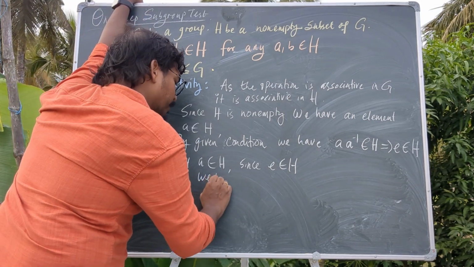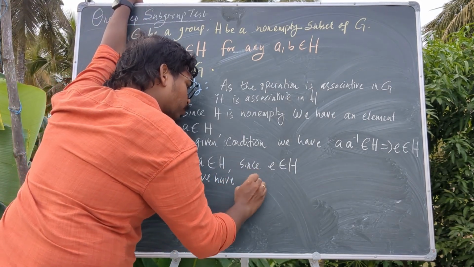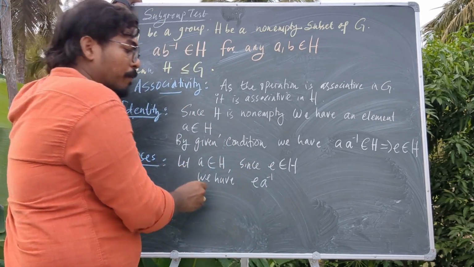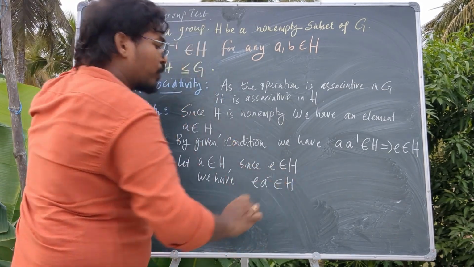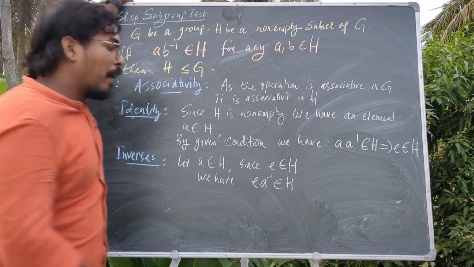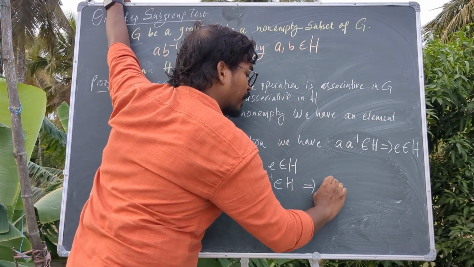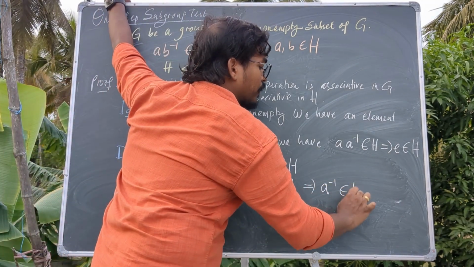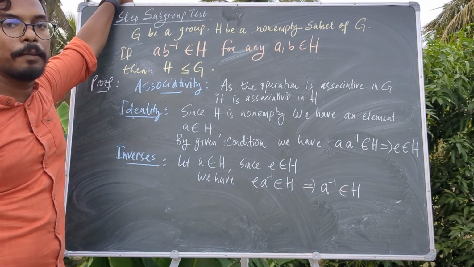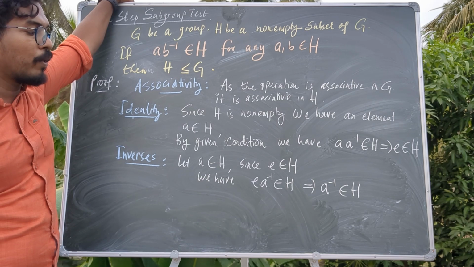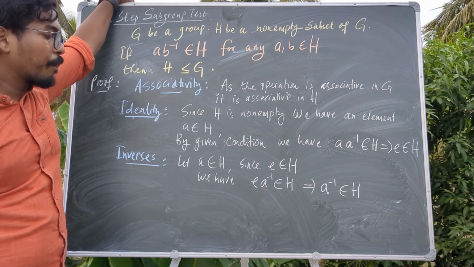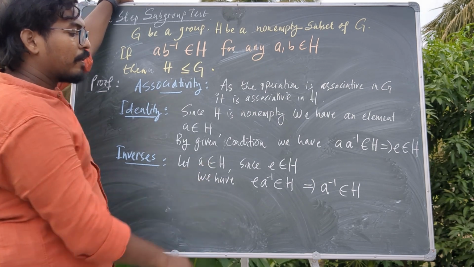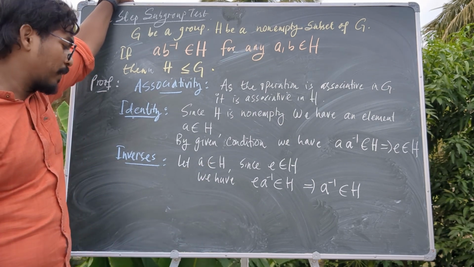I can take identity first, and A inverse also belongs to the subset H, which is nothing but A inverse because it is identity. So A inverse is in our set for any arbitrary element A of our set H. Therefore, for any element of this set, we have its inverse also in that set.